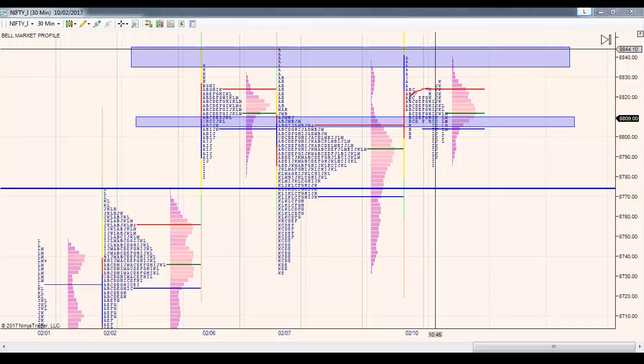In this case also, we had this potential Q formation, this nice reference, nice composite point of control below the market. So there was every chance that even if buyers were accumulating here, they would like to shake some weak buyers out of this market, and they did precisely that.